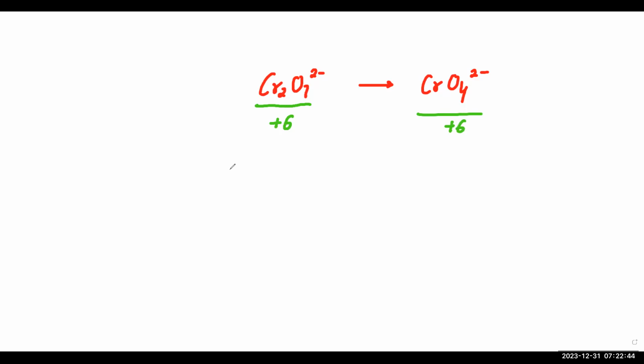So write down this statement. No change, because they can give you this question. They will give you 3, 4 equations and they will ask you which equation is redox reaction, which equation is not a redox reaction. This can be a multiple choice question. No change in oxidation number: not a redox reaction.